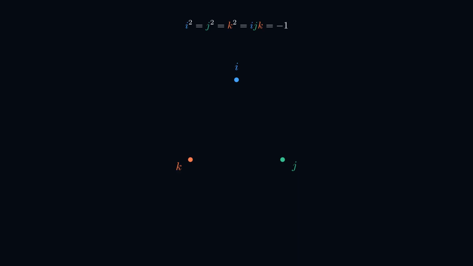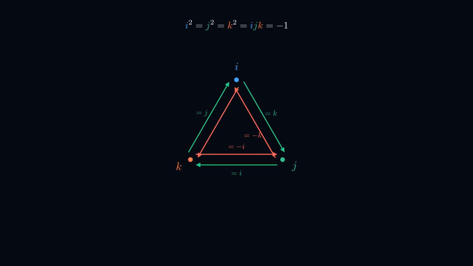Multiply both sides of ijk equals -1 by i, j, or k in turn. ij equals k. jk equals i. ki equals j. Cyclic order, right-hand rule. ji equals -k. kj equals -i. ik equals -j.